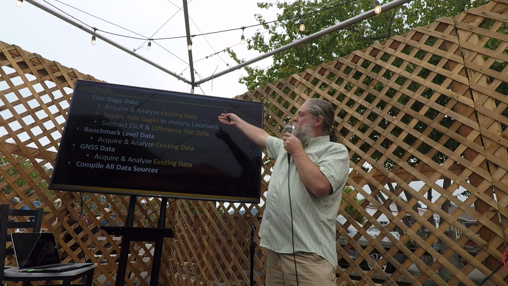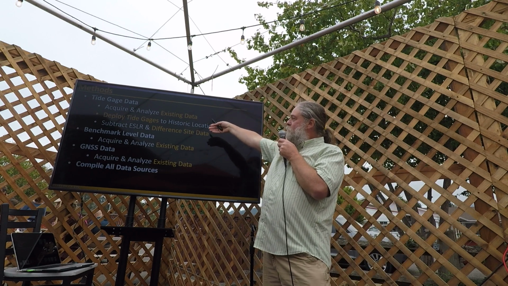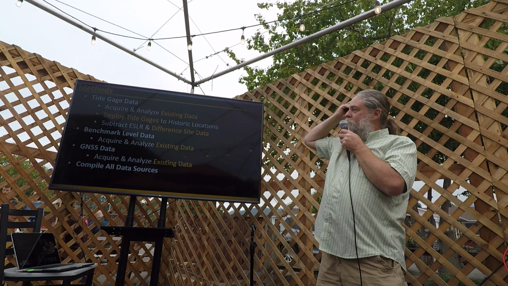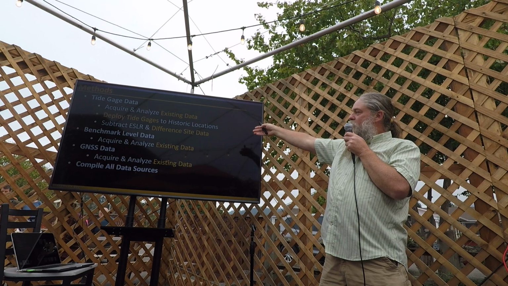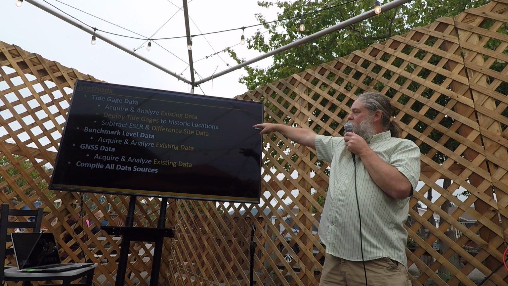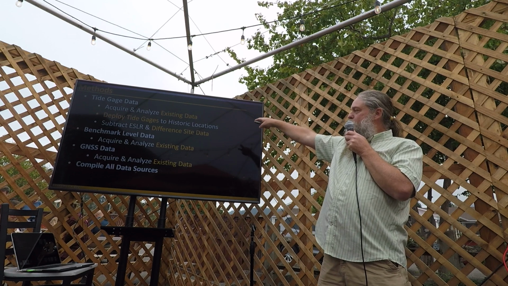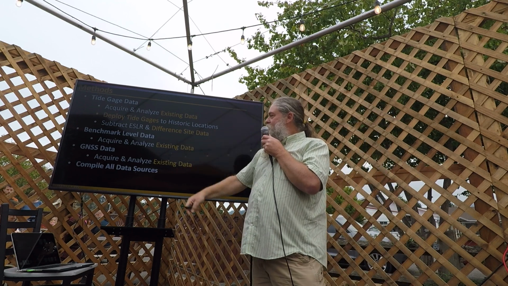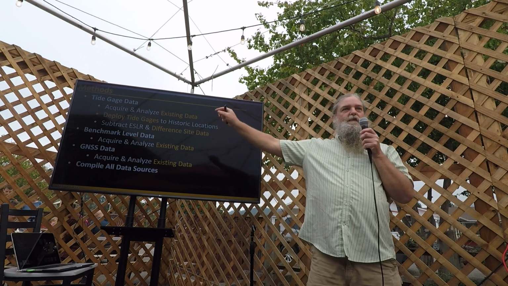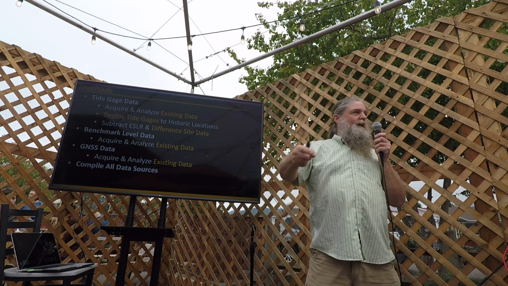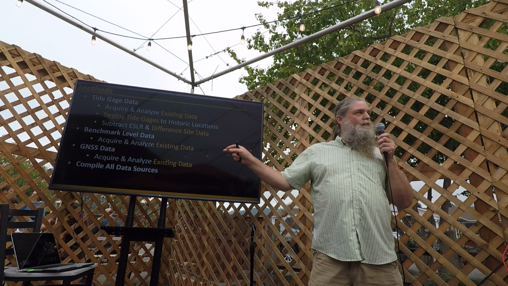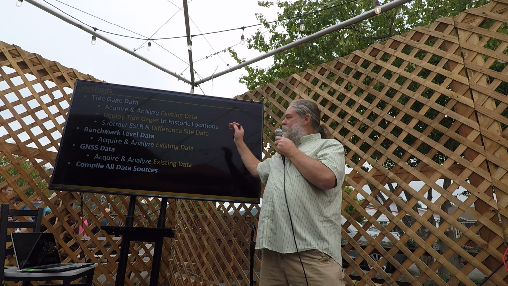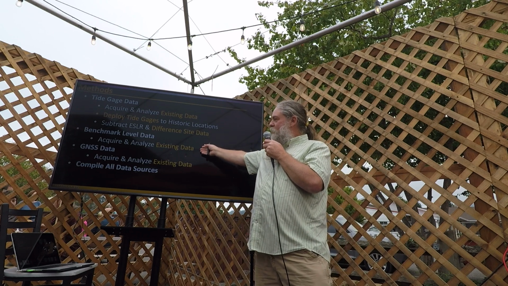Okay, so what are our methods? Tide gauge data. So we acquire and analyze existing data. We deployed some tide gauges to some historic locations, and we subtracted eustatic or regional sea level rise from those site data to come up with the rates of sea level at those tide gauges. Benchmark level data, so there are benchmarks all along the highways that have been surveyed with high precision, first order precision leveling surveys. And so we used survey data from between 1967 and 1988.